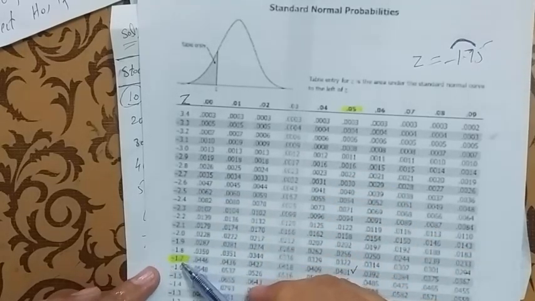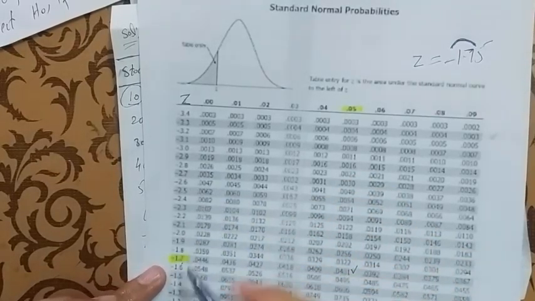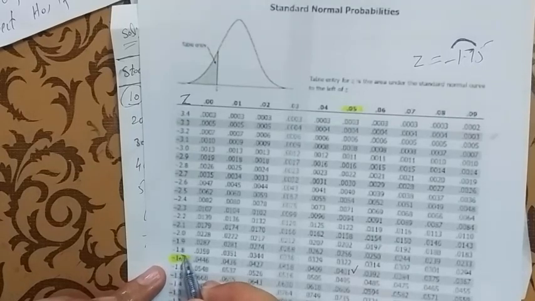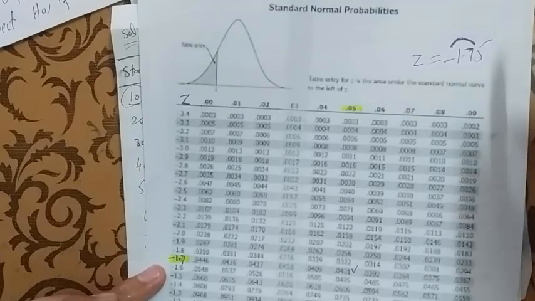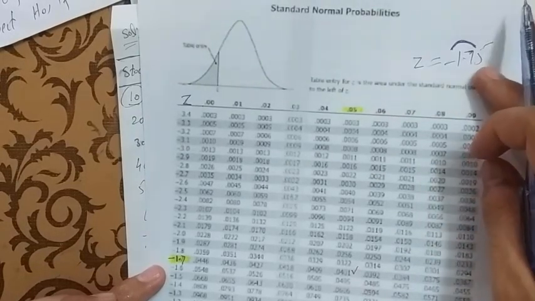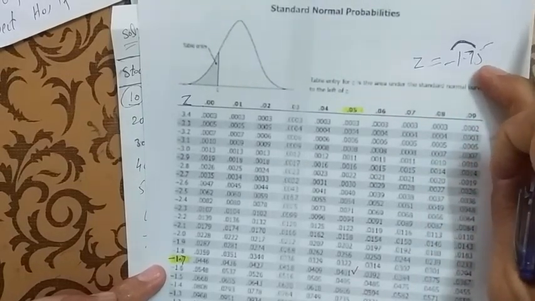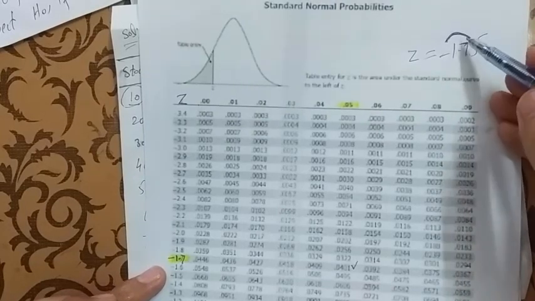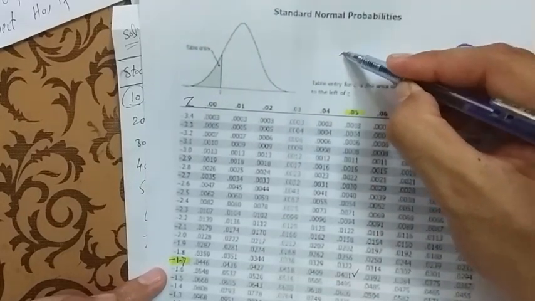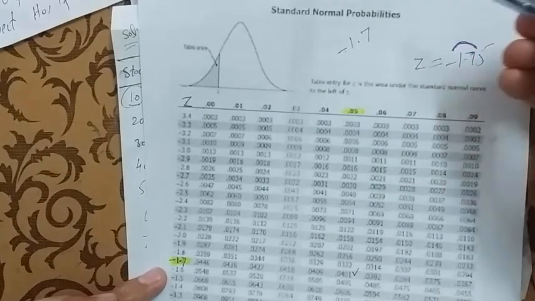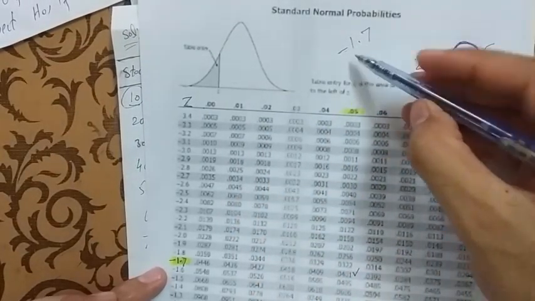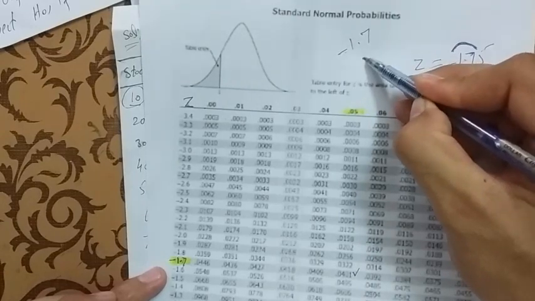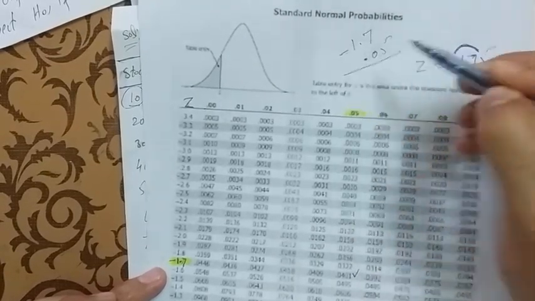Minus 1.7 is this, and then also see the 5, meaning when we write minus 1.7 and add 0.05.